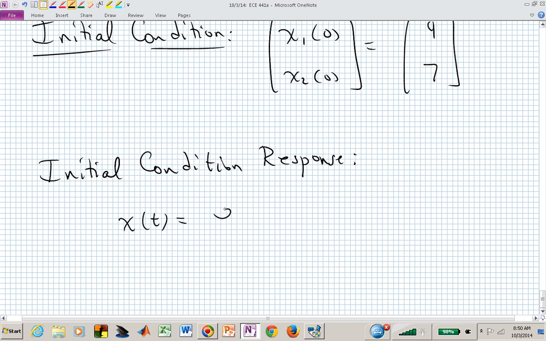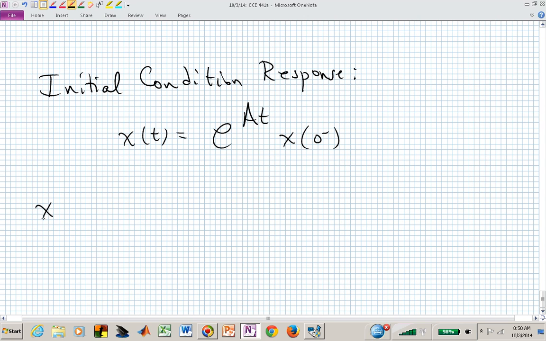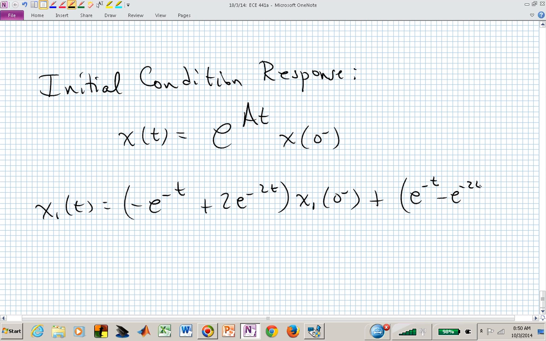What do we have? This is just e to the at times x of 0 minus, and we just computed e to the at. Do you see now what's going to happen? If I wanted to know what x1 of t is equal to, it's going to be the 1, 1 entry of my state transition matrix times x1 of 0 minus plus the 1, 2 entry times x sub 2 of 0 minus, and this was e to the minus t minus e to the minus 2t times x sub 2 of 0 minus.